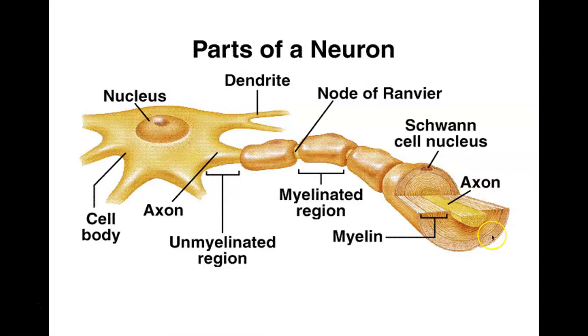And when they wrap around this axon, it creates a myelin sheath. So you can see the different layers of myelin here. And we'll get to this later on, but it's really important that the myelinated regions and myelination in general is what allows our nervous system to work so quickly. Okay. There's unmyelinated regions between that are called nodes of Ranvier.